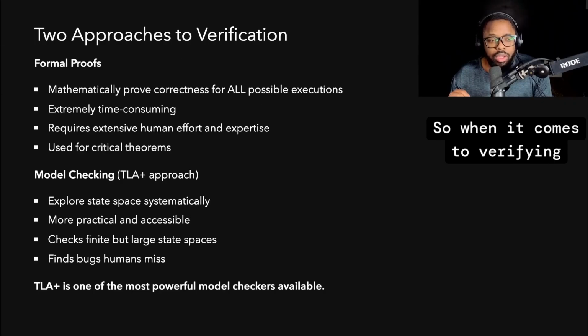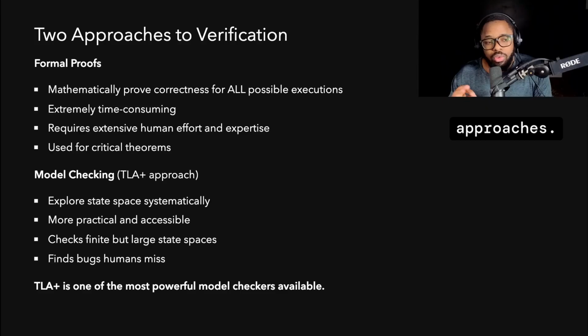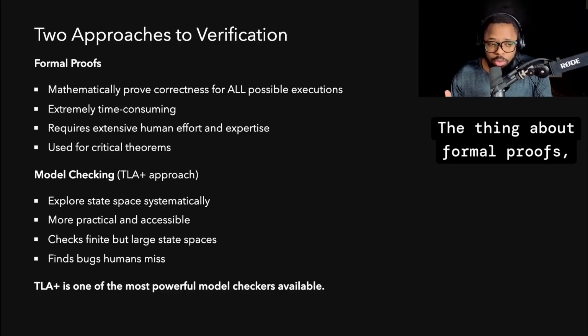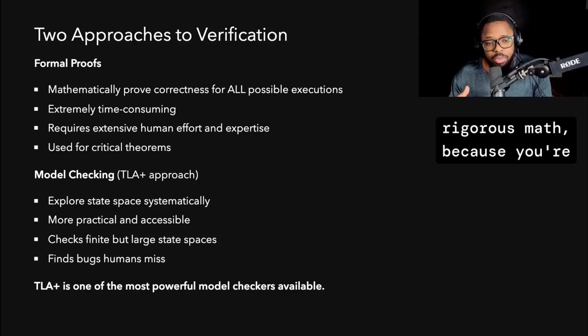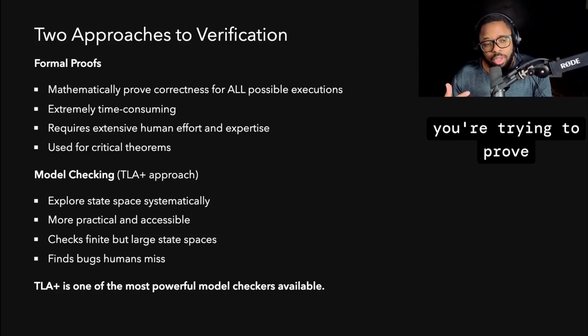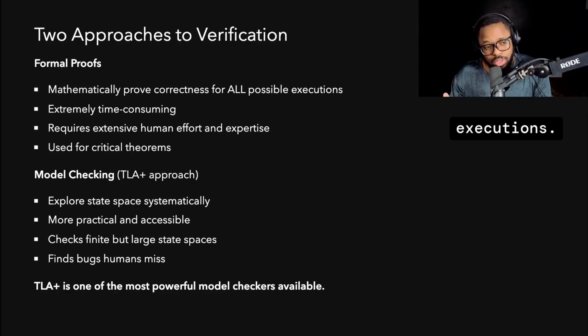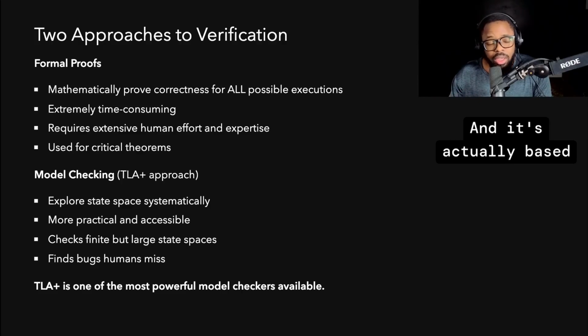So when it comes to verifying systems, there really are two approaches. You can go with formal proofs, or you can go with model checking. The thing about formal proofs, it involves lots of rigorous math, because you're trying to prove correctness for all possible executions. It's extremely time consuming, in terms of the hours that need to be invested.